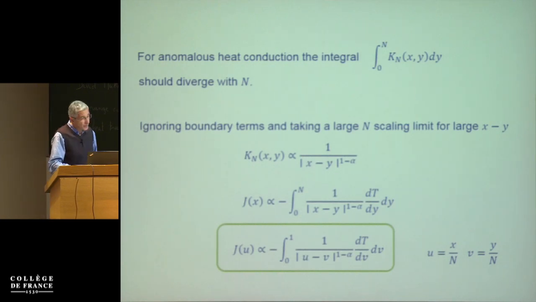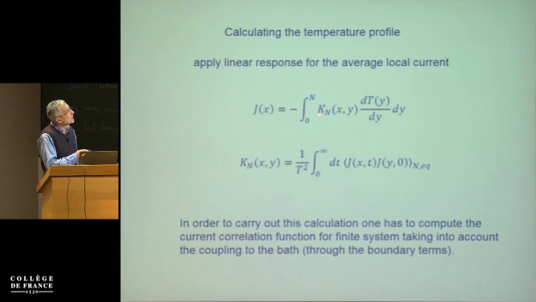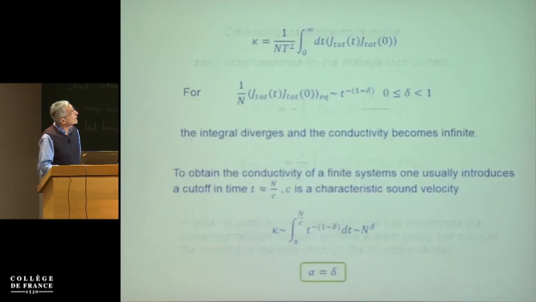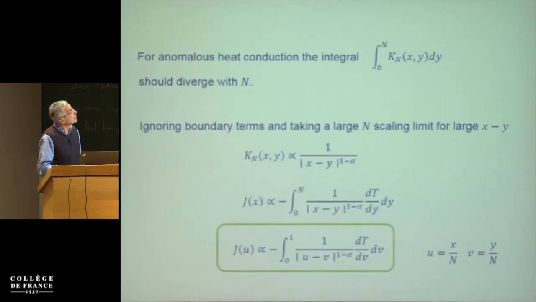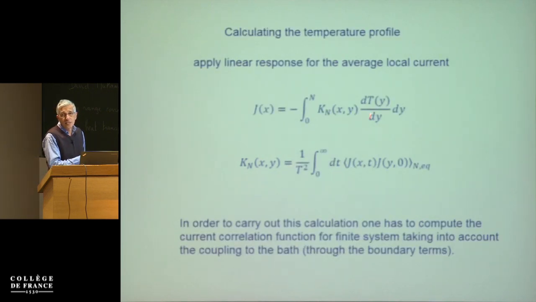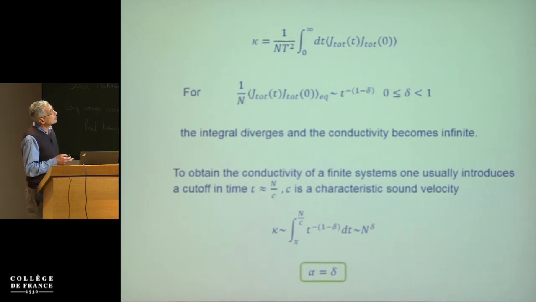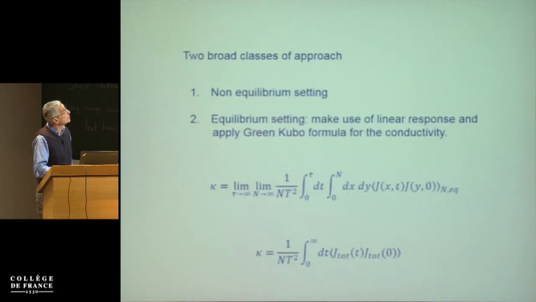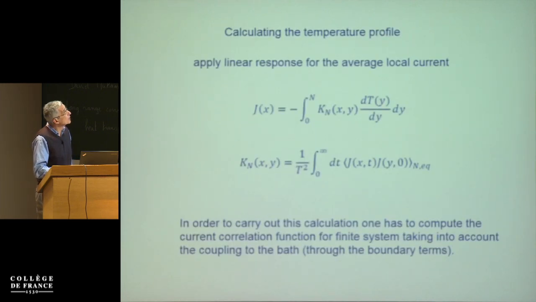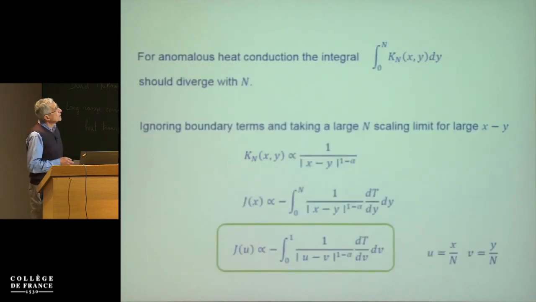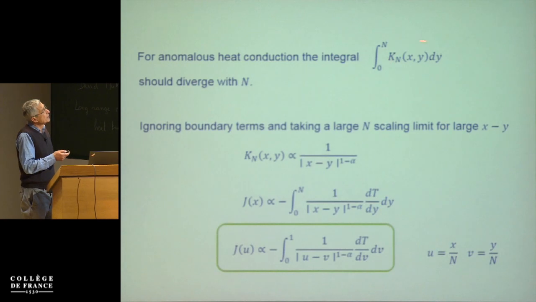First of all, you see that if the integral of this kernel diverges with n, it means that clearly the temperature profile cannot be linear, because if it were linear, dT/dy would just be a constant. So this integral has to diverge.